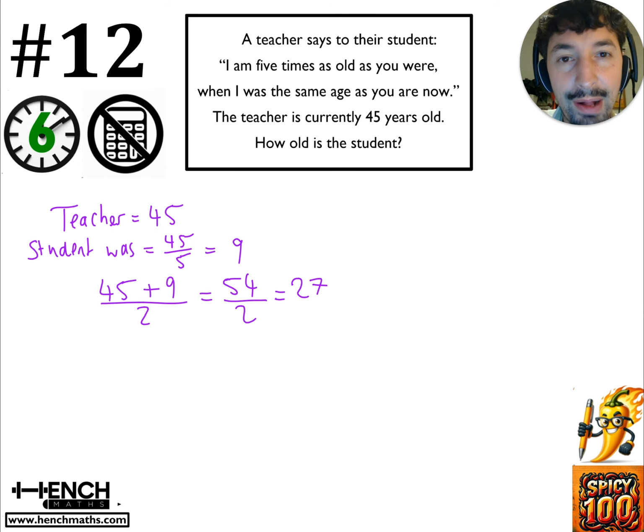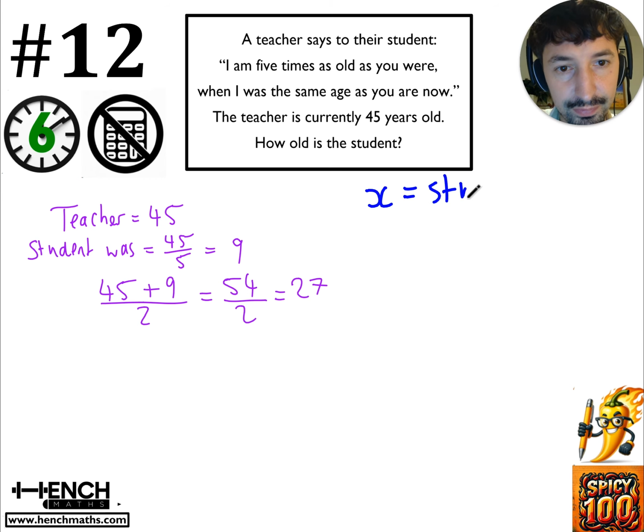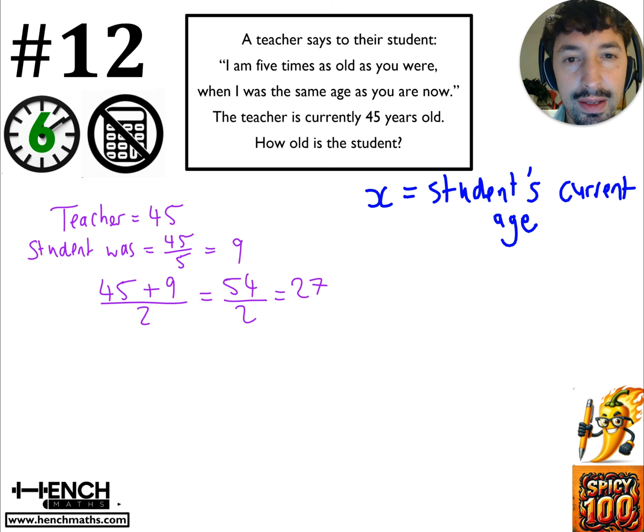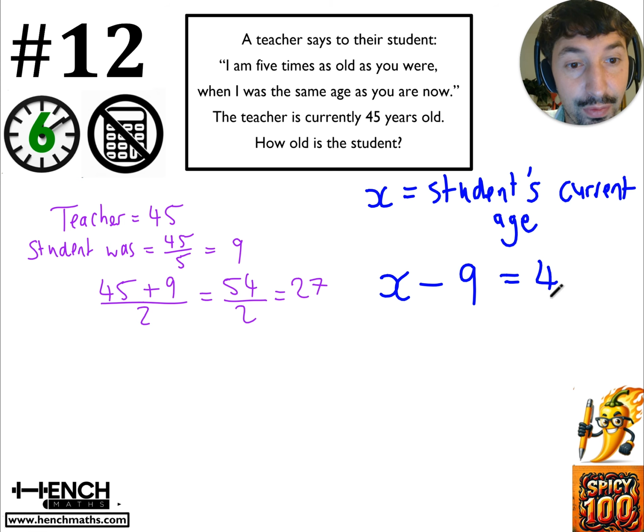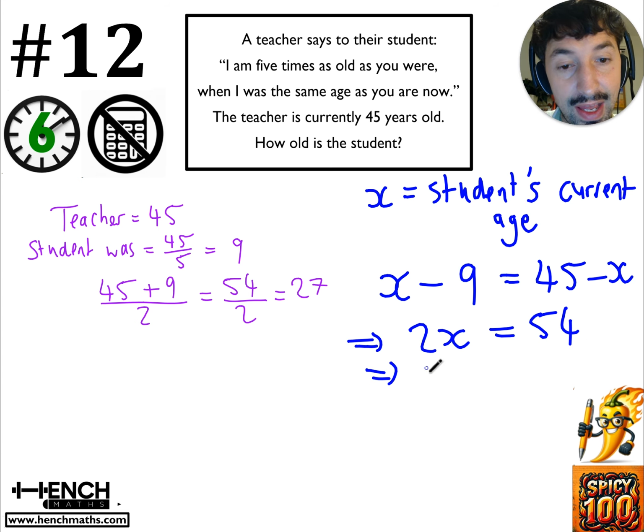So we can also do an algebraic method. So if we said the student is currently X years old, then the student will have aged X subtract 9, because they've aged from 9 to X, in the same time as the teacher has aged from X to 45, so that would be the same as 45 subtract X. Now if we then rearrange that, so we add the X over, we get 2X, add the 9 over, we get 54, and so we get X equals 27.